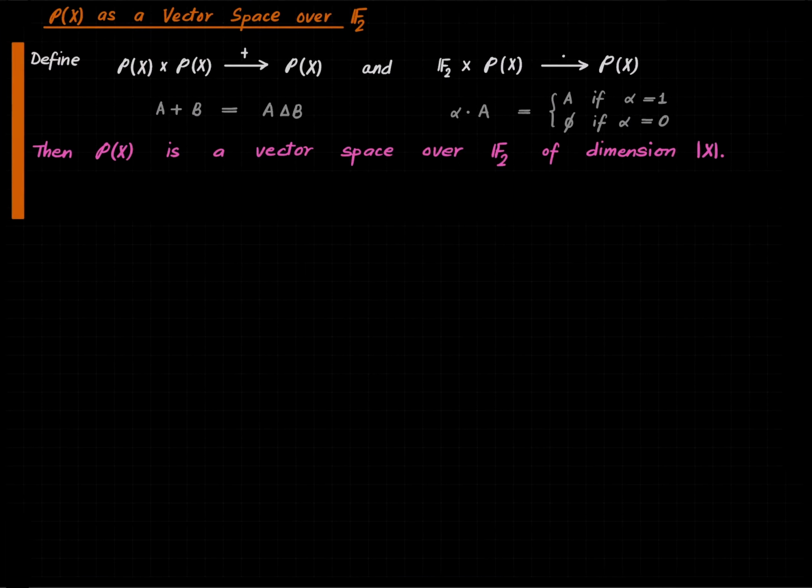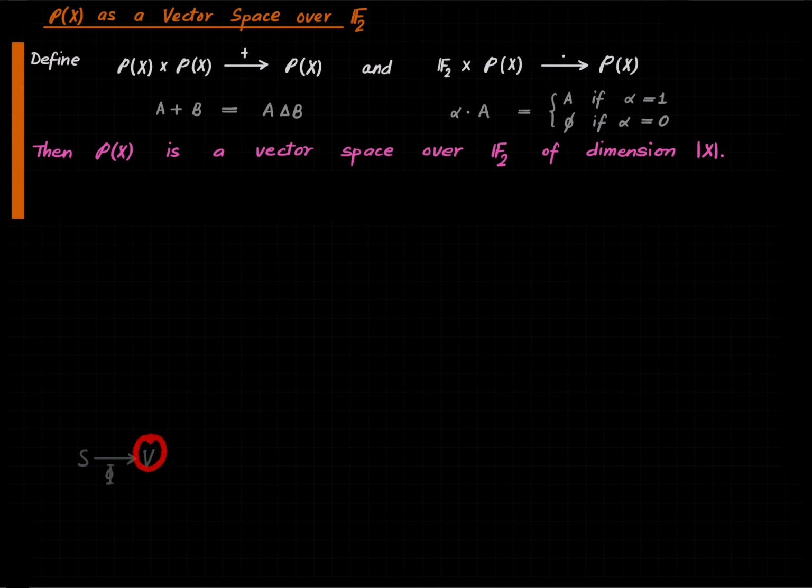So now, having seen a natural bijection between the power set and F2 to the X, we can pull back the vector space structure from F2 to the X to the power set. What I'm saying is a very general thing. Suppose we have some vector space V and some set S and some bijection between them, let me use phi.